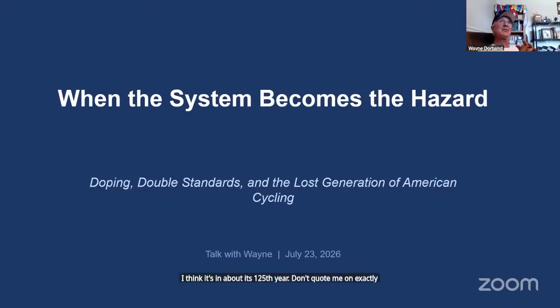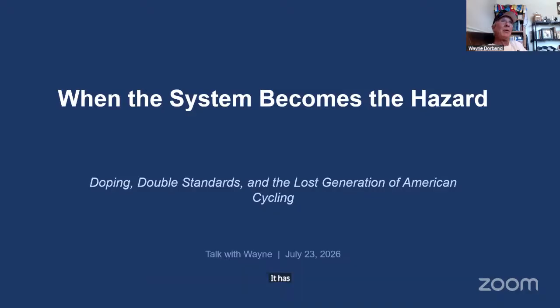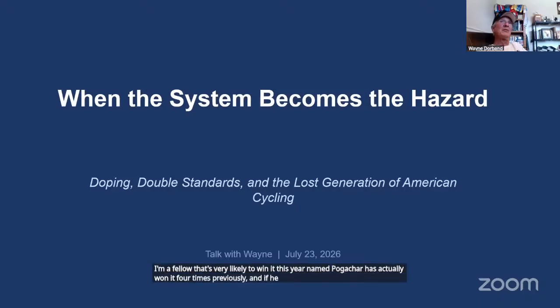It has around 190 riders every year, and maybe 10 to 15 of those are rookies, doing it for the first time. So there's an overlap from year to year. The very best riders usually are not the rookies. The fellow that's very likely to win it this year, named Pogacar, has actually won it 4 times previously, and if he wins again this year, it'll be his 5th.